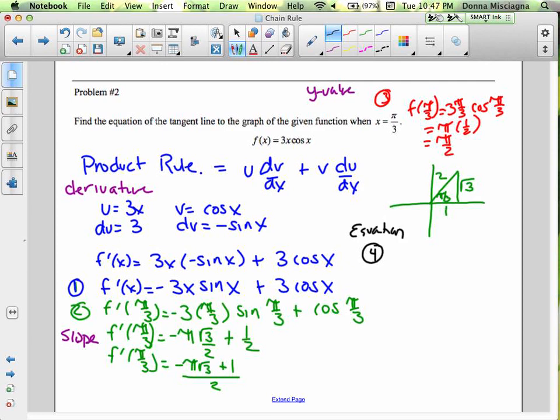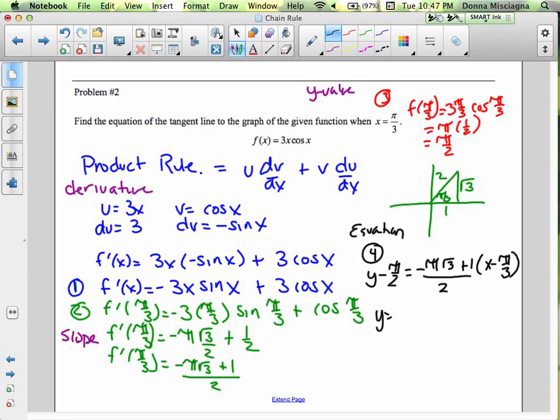So we have y minus pi halves equals that negative pi square root of 3 plus 1 divided by 2 times x minus pi thirds. And no part of me wants to distribute that. So we'll just isolate y.